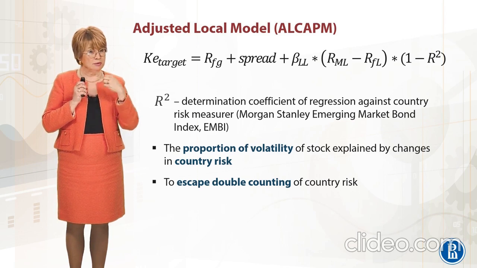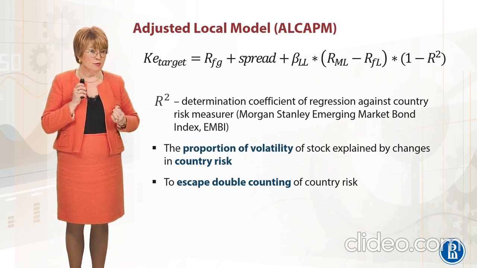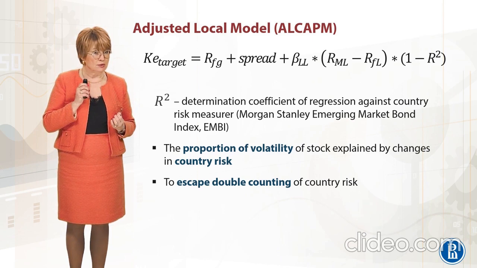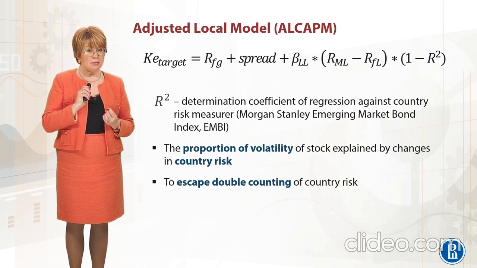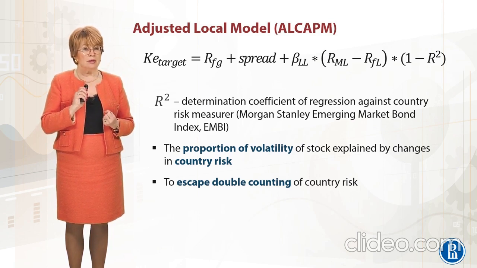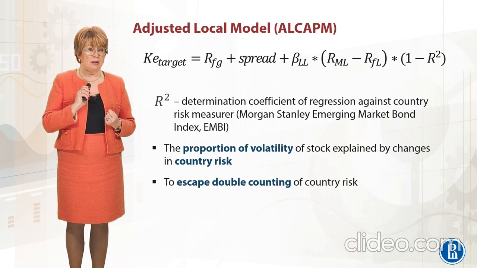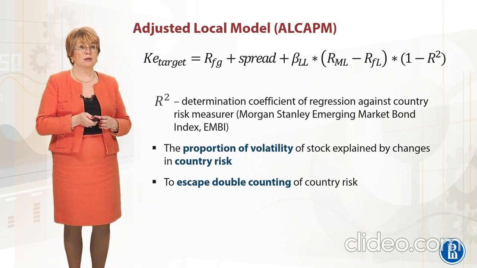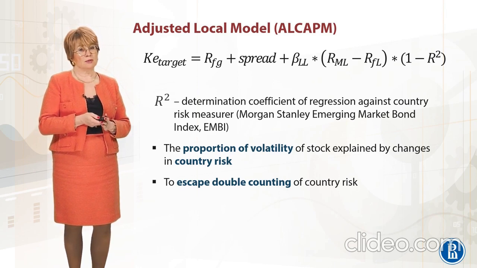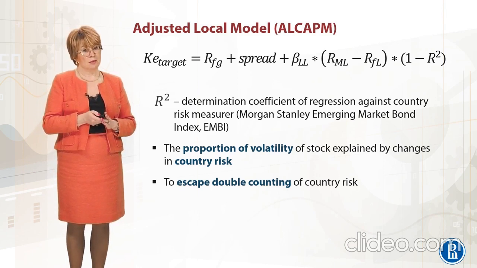So this is like a proportion of the volatility of the stock, the local stock A or target stock in that segmented local market, which is explained by the country risk. And this exercise is made just to escape the double counting of country risk in our estimation.